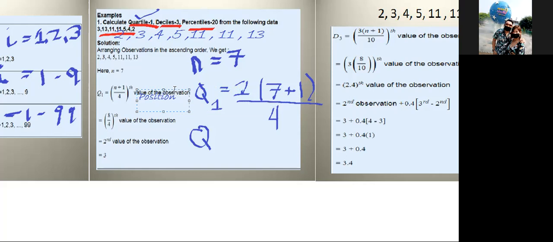Okay, so the first quartile is in the second position. We have 7 plus 1, that is 8, over 4. So quartile number 1 position is equal to 8 over 4, which is just equal to 2.